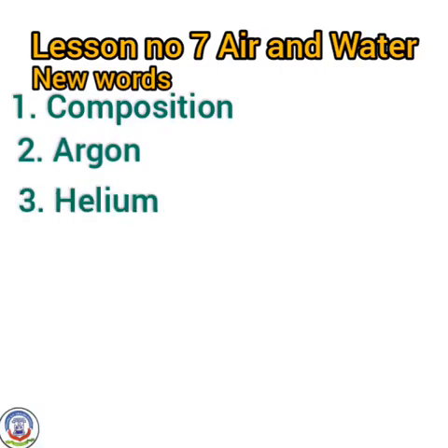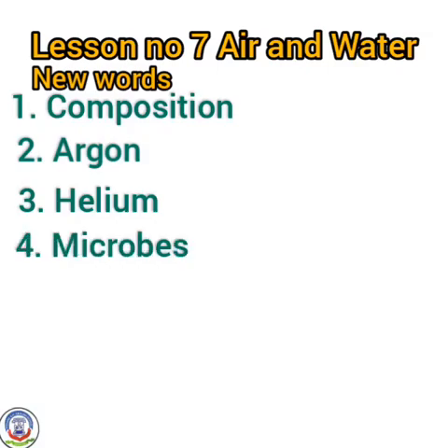Number 3, helium. H-E-L-I-U-M. Helium. Helium means one type of gas. ये भी एक प्रकार की गैस है जो हवा में पाई जाती है.